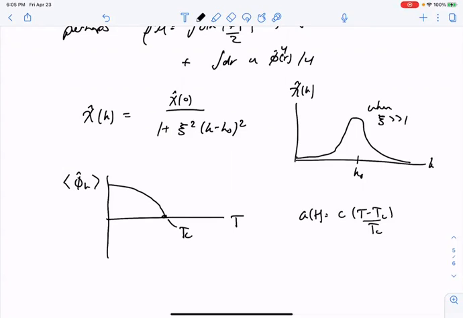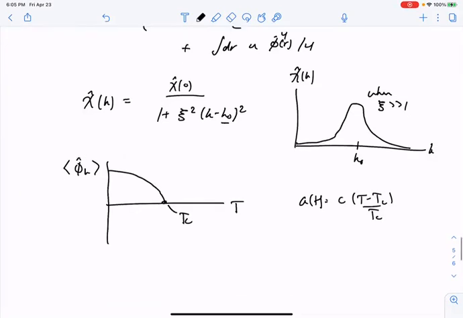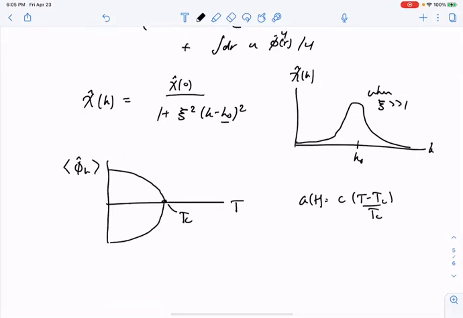Now there's a slight difference here though from what we've had before. This says that we have a peak at K naught, but that's modulus K. As before with the Ising model, there was two branches for plus or minus the value of the order parameter field. But here this is indexed by K, so a way to interpret this is that this would be the minus K solution, this would be the plus K solution. They both have the same modulus K, they're just pointing in different directions.